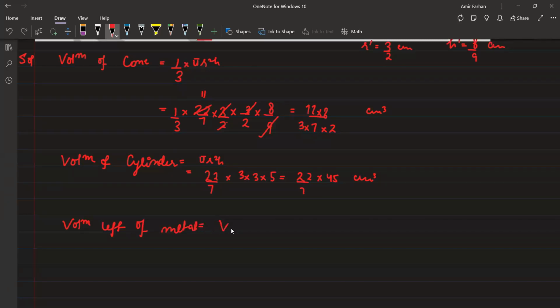Yes, sir. So it is volume of cylinder minus volume of cone. Okay. So take the 11 into 8 by 3 into 7 into 2 minus 22 by 7 into 45.